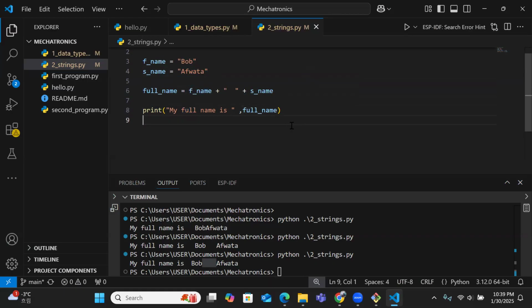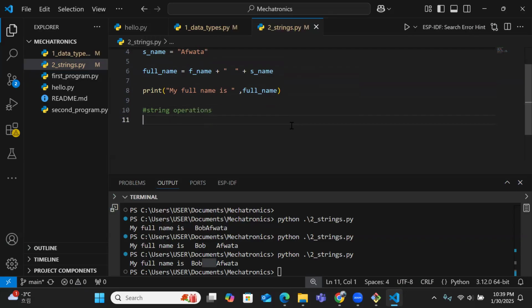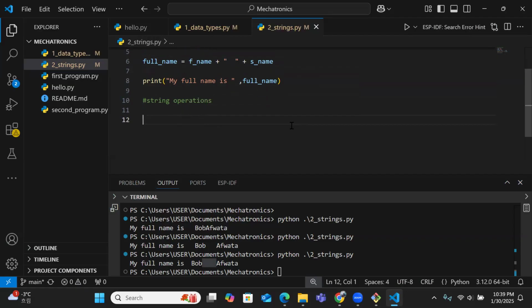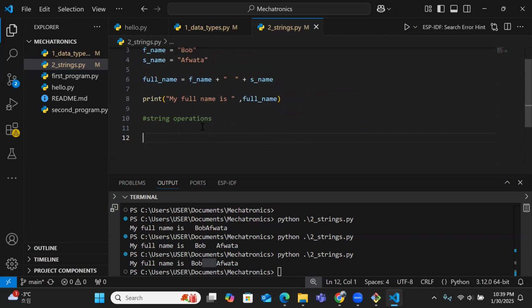Okay. So we want to learn more about other string operations or string functions, the functions that you work with on strings. For example, the first one that we want to learn is to upper.